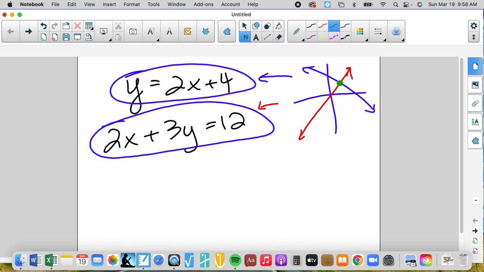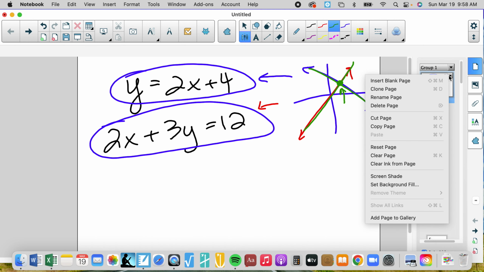And that's what we're looking for when we're given two equations: we want to know where they share a solution, and that would be the solution to the system. And that point, that green point, would be true for the blue line, and it would be true for the red line.